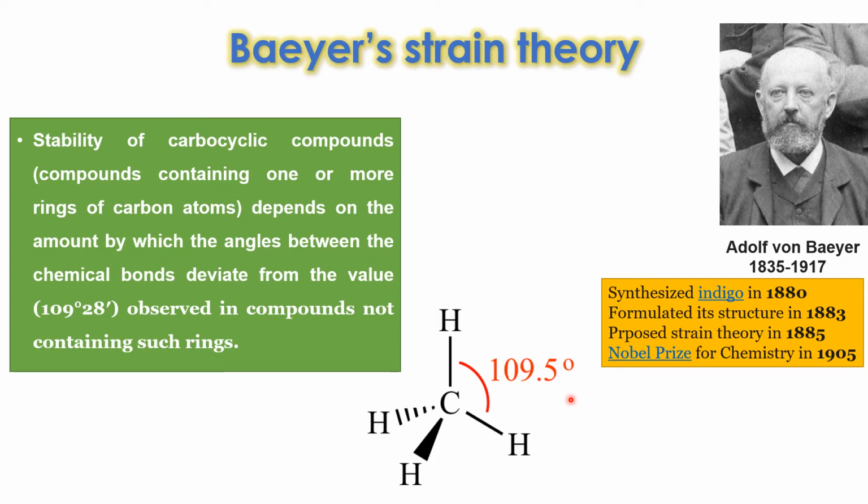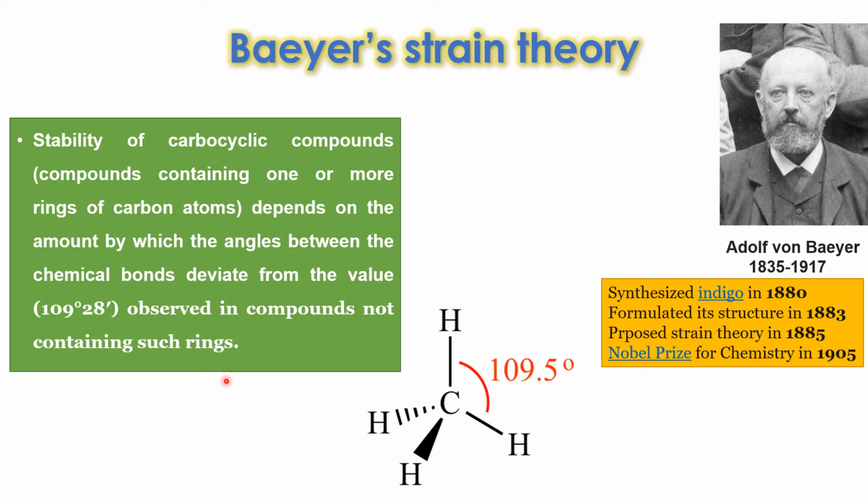So he simply put forth the theory saying the stability of these cyclic compounds depends upon whether they deviate from this normal tetrahedral angle, which is not seen in compounds which do not contain such rings.